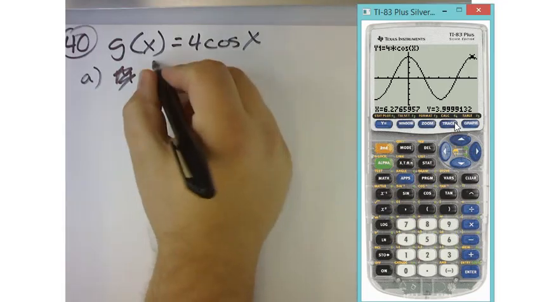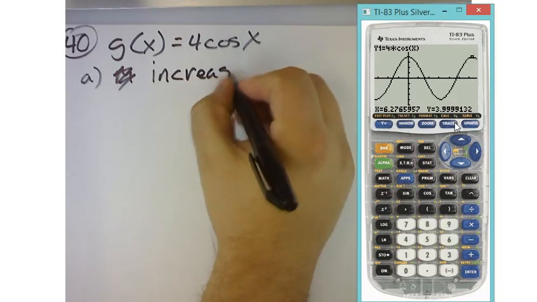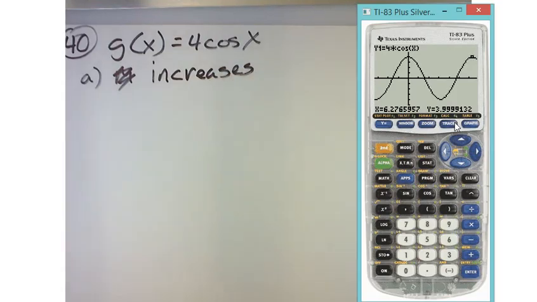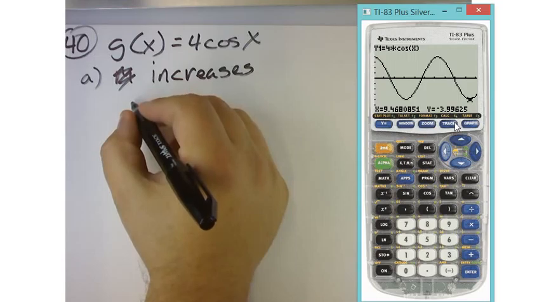So it increases from pi to 2 pi, but when does it increase again? Well, that looks to be at about 3 pi. So from pi to 2 pi it increases, and then from 2 pi to 3 pi it decreases.